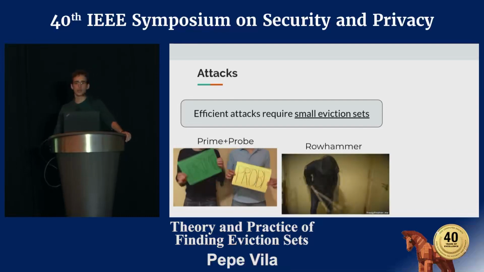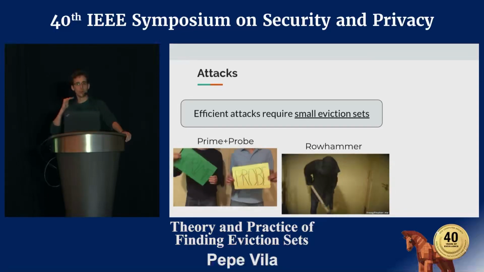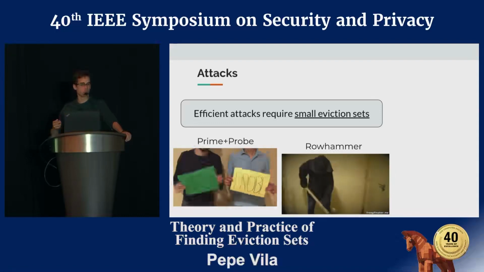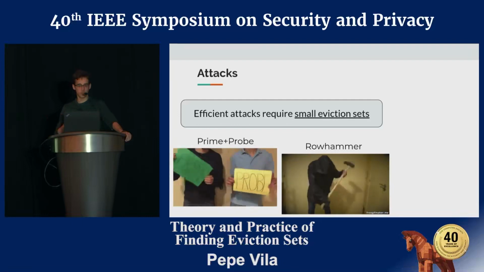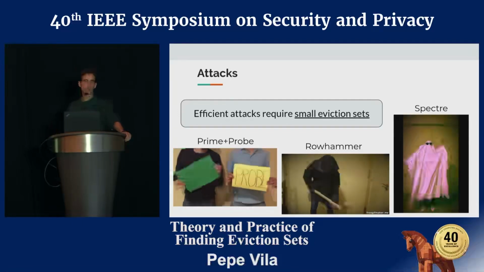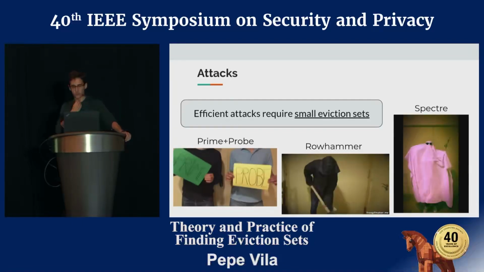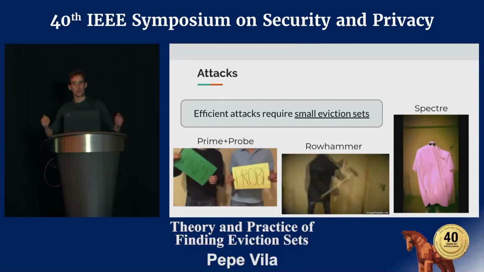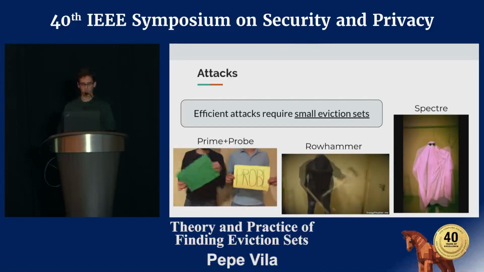For Rowhammer, the attacker wants to activate a DRAM row with enough frequency in order to cause bit flips, and in order to do that, it needs to bypass the cache. One way of doing that, again, is using eviction sets to remove the data from the cache. And finally, some variations of Spectre, as we have seen in the first talk, require evicting a specific content from the cache in order to increase the speculation window and be able to leak content.